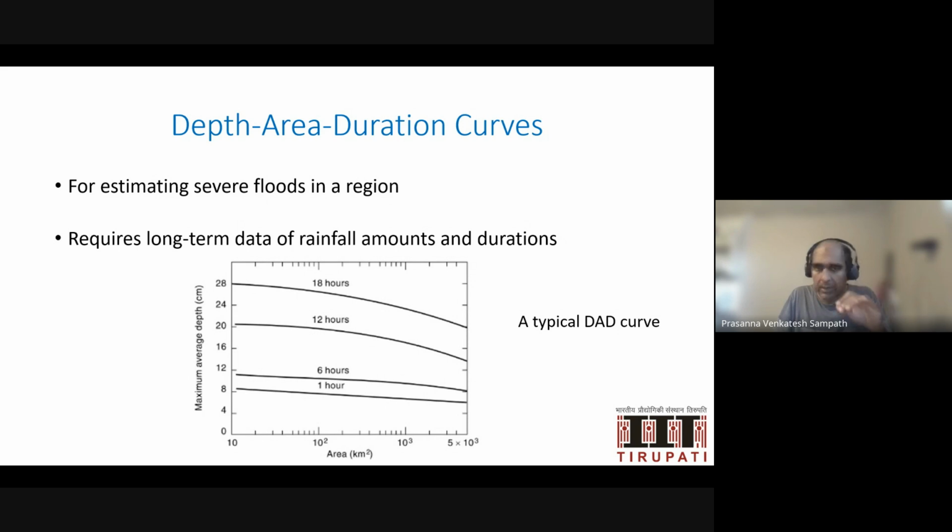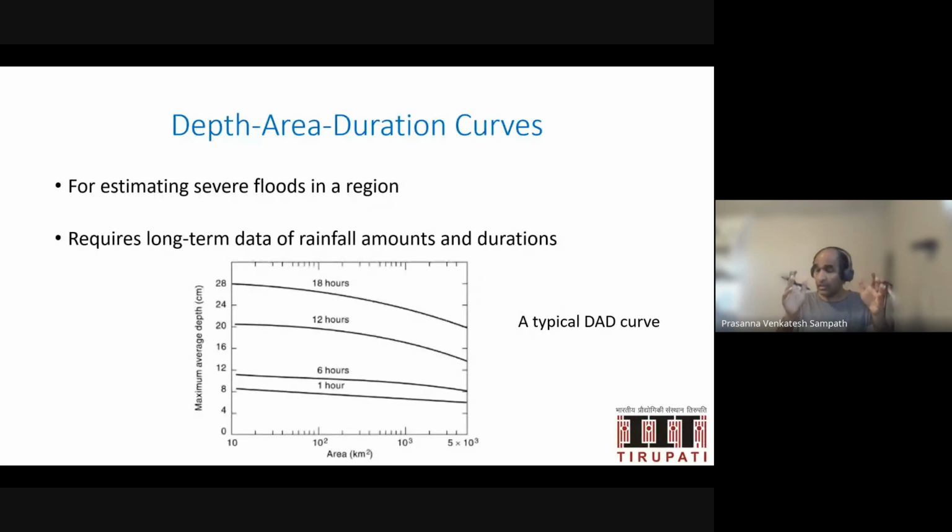Maximum average depth means, let us say the rainfall is happening over an area of 100 square kilometers. Over that 100 square kilometers, there is an average depth of rainfall, which is what we were talking about in the previous slides. How do you find the average depth of rainfall? You have multiple rainfall gauges. You use either the Thiessen polygon method or the isohyetal method or whatever it is, and you find the average depth of rainfall for that particular location.